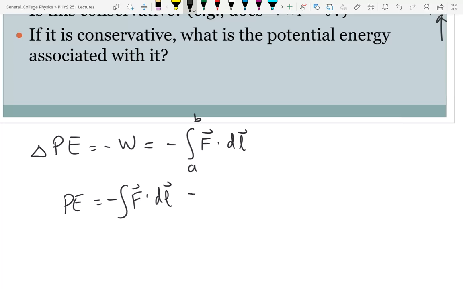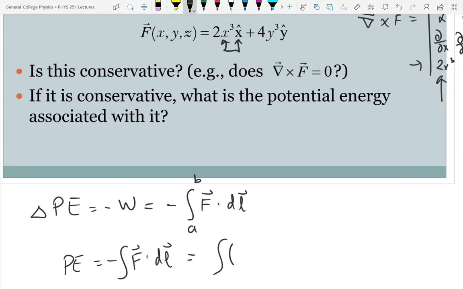So when we do this, that's going to be the integral of, and I have to write down my force equation, 2x cubed x hat plus 4y cubed y hat, forgot the y hat, dotted with x hat dx plus y hat dy plus z hat dz.